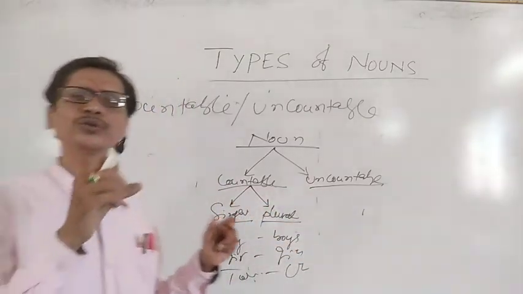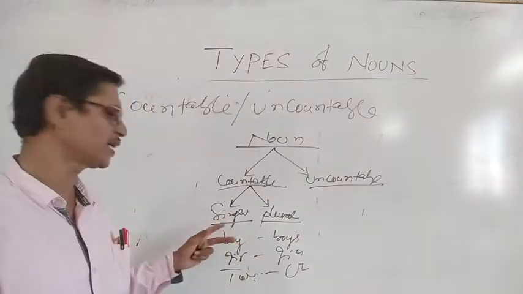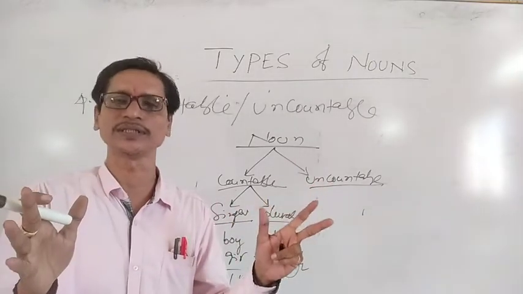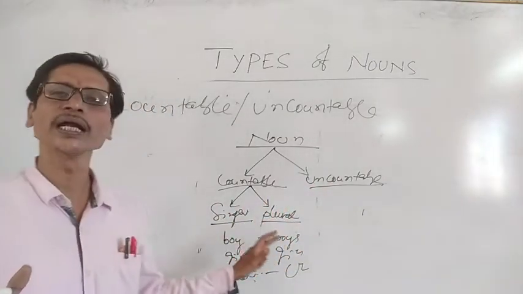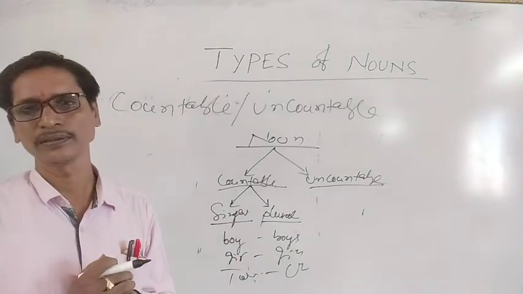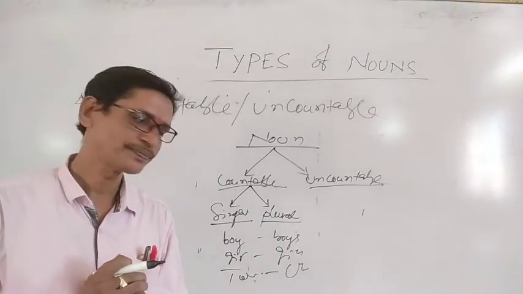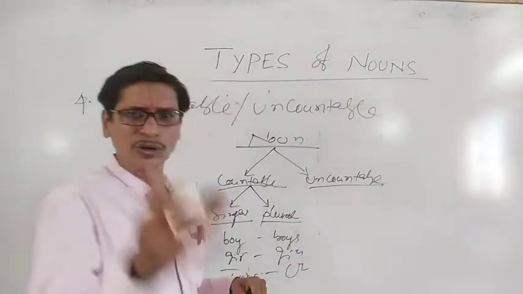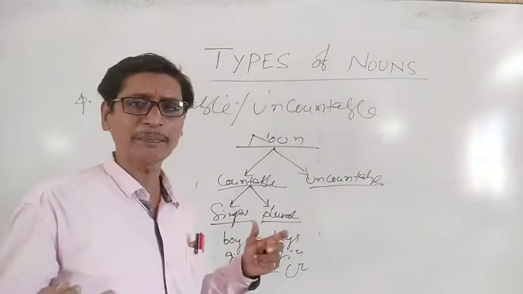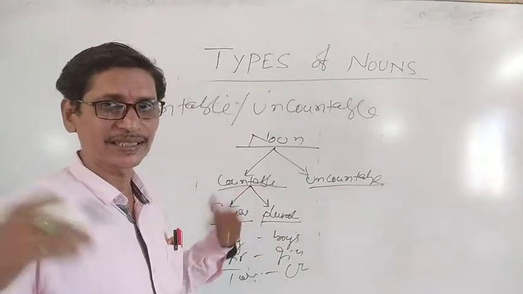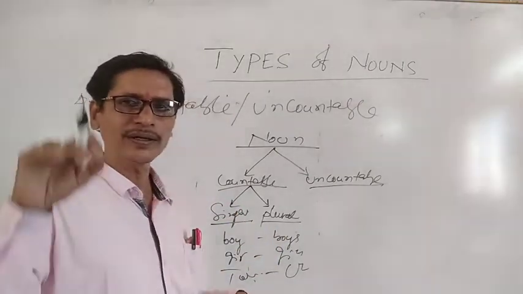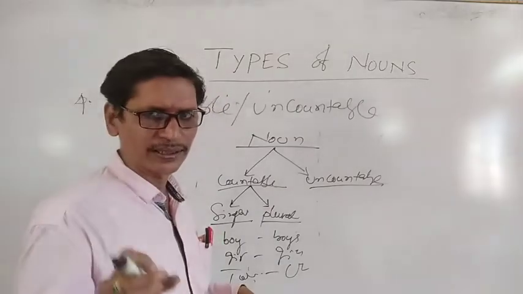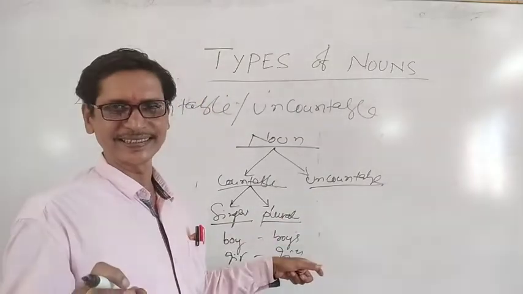So those nouns we can easily count their numbers. They can be classified into two divisions: singular and plural form of the noun. But when we talk about the uncountable noun, as I have told you, we are revising the past discussion, revising the past knowledge. For recalling your knowledge, we are discussing this.